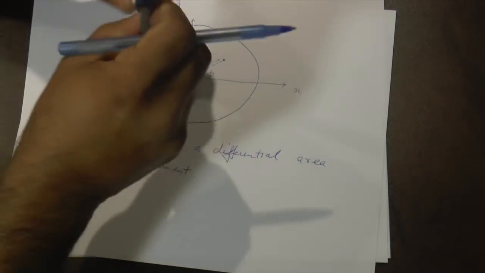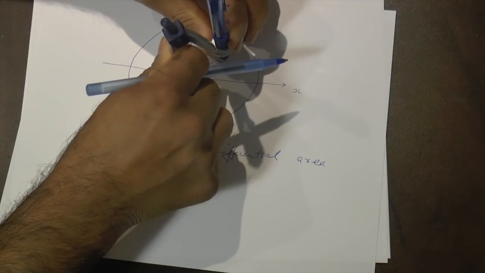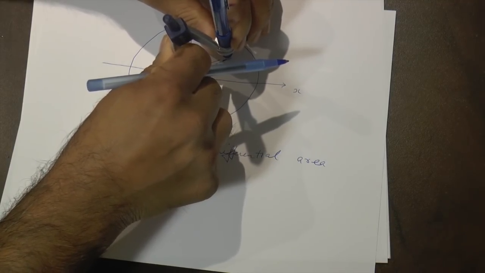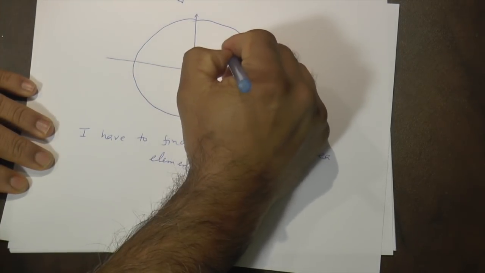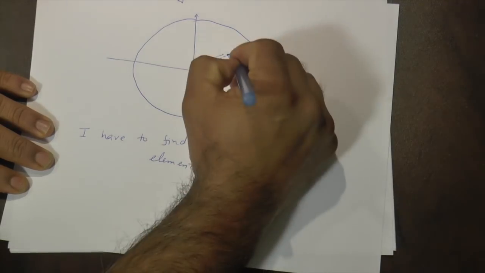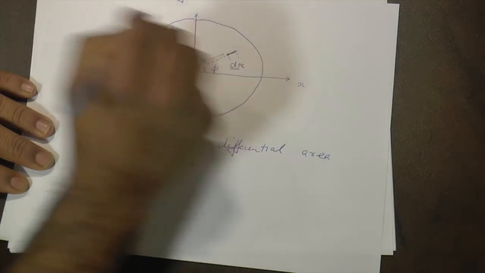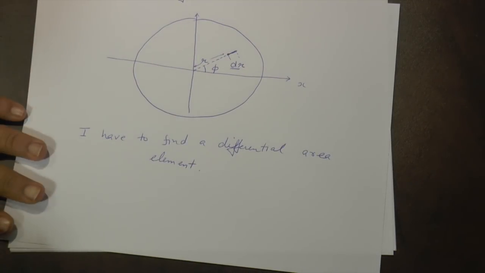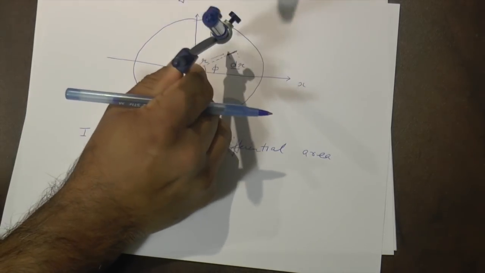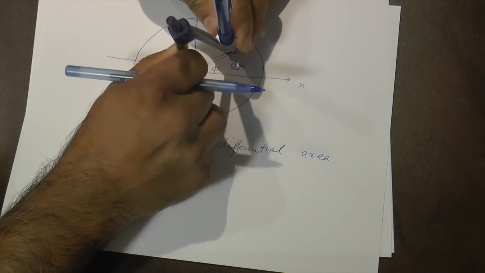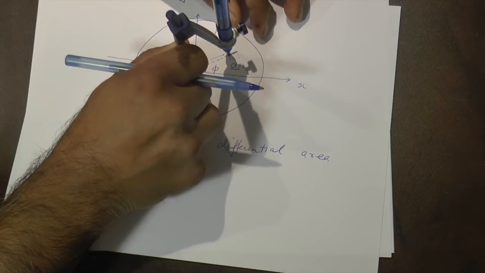To do that, the first thing I will do is take this and move this forward a little bit. So I create one width like that. That becomes moving in the r direction, differentially in r direction, dr. That becomes one side of my area. And then, because I have to move in phi direction, I'll move it a little bit in angle over here.